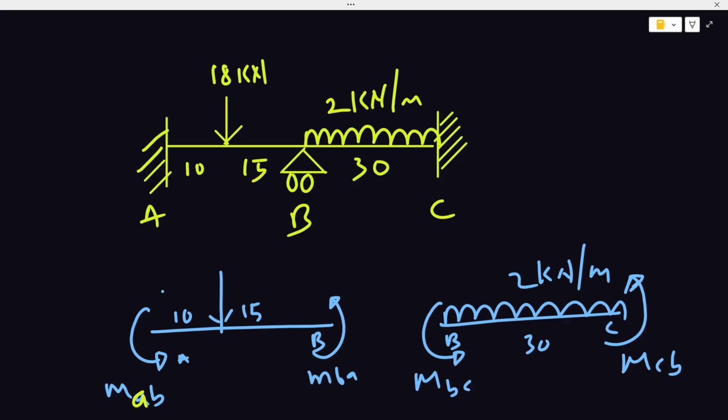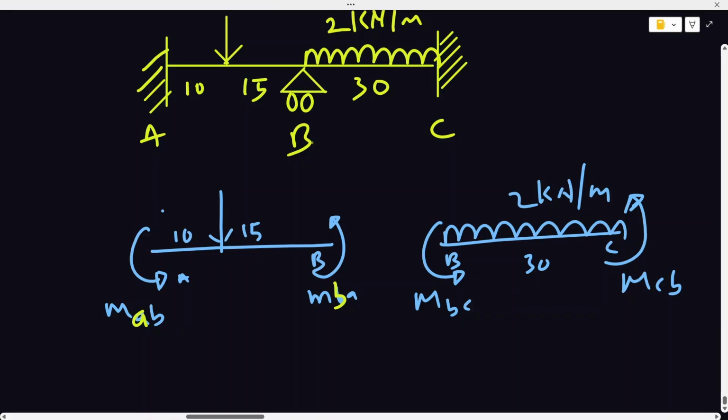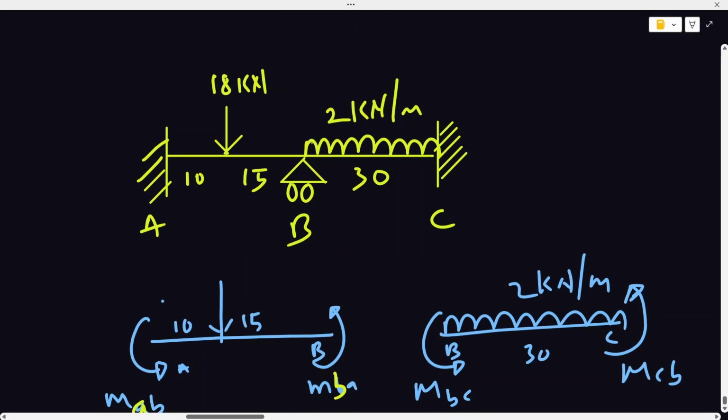So at that joint we call it MAB, where B will be the far end of that particular member of the beam. While for MBA, B becomes the near end and A becomes the far end. Similarly for BC, B becomes the near end and C becomes the far end, in a similar understanding. So I believe this is 18.